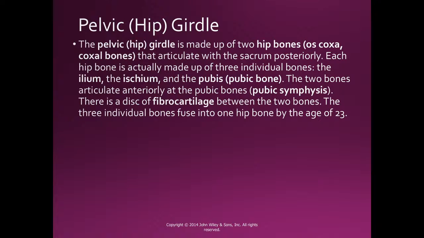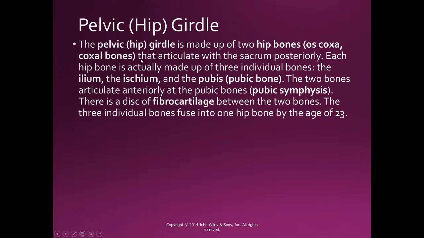Others are going to say that the sacrum is part of the axial skeleton and not part of the pelvic girdle. It's my opinion that the sacrum is part of the axial skeleton because it's composed of vertebrae and that it is technically not part of the pelvic girdle. However, I'm not going to ask you to differentiate between the two because the definition is somewhat arbitrary.